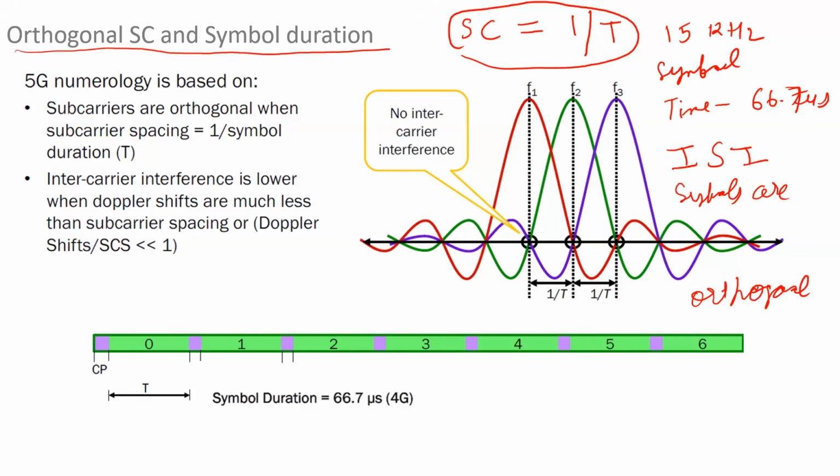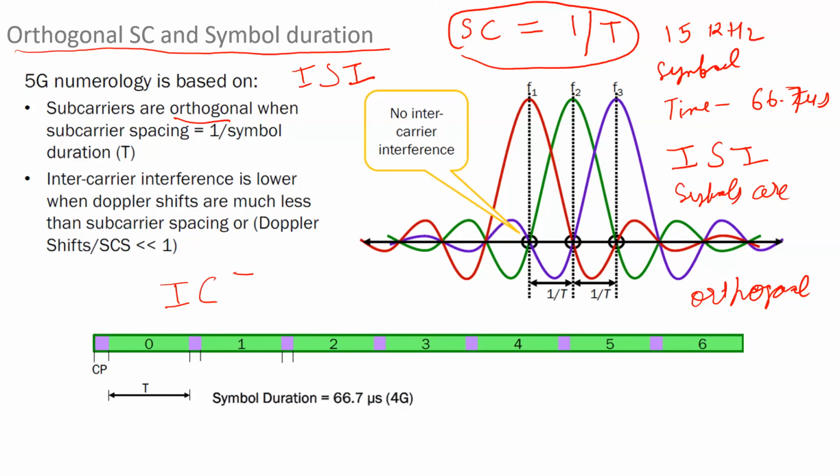And symbols are orthogonal to each other only if this condition is valid. That is, subcarrier spacing is equal to 1 by time. So if we're able to follow this equation, then we can avoid inter-symbol interference.